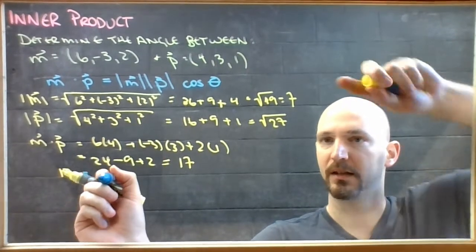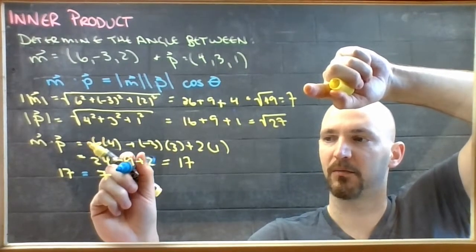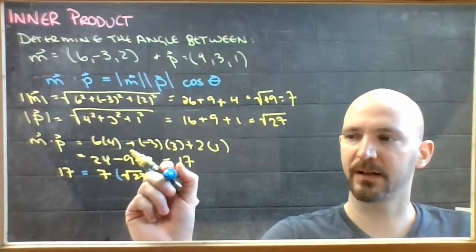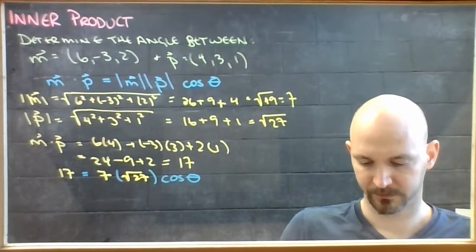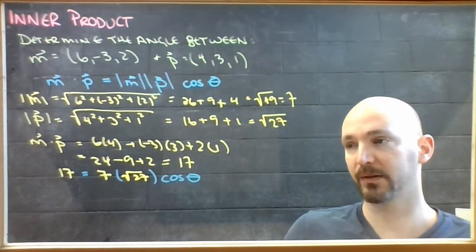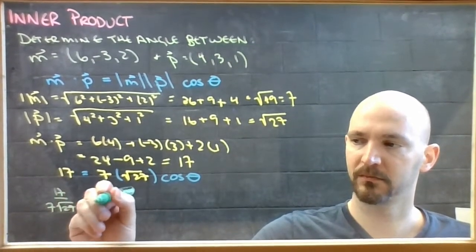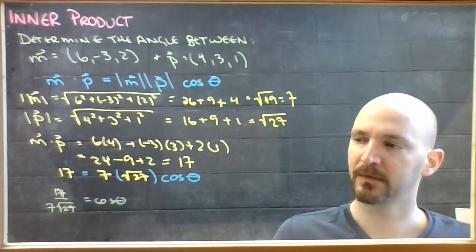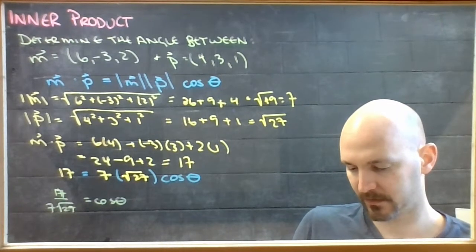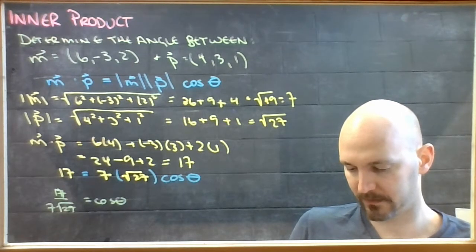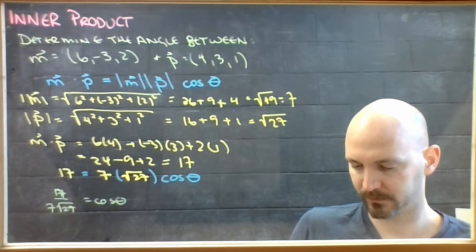Okay, so filling that information into this particular object, I have 17 is the magnitude of m multiplied by the magnitude of p and the cosine of theta. So working that out, I'm going to bring these two things into the denominator. 17 divided by 7 divided by root 27, 2.43 divided by square root of 27, 0.467.